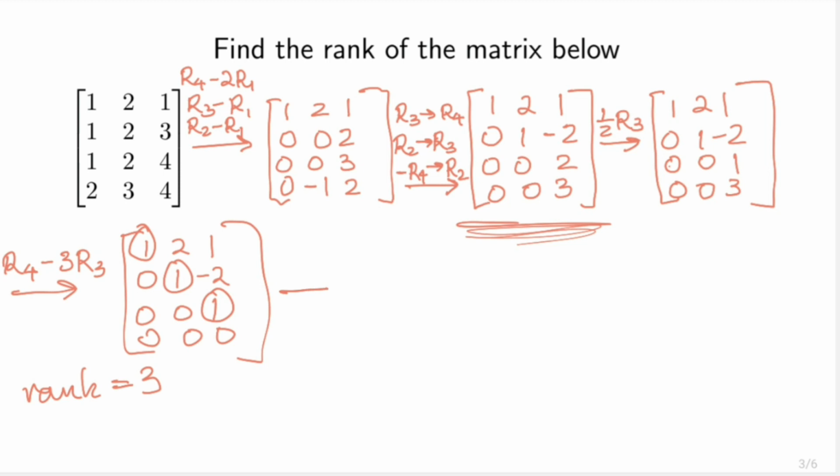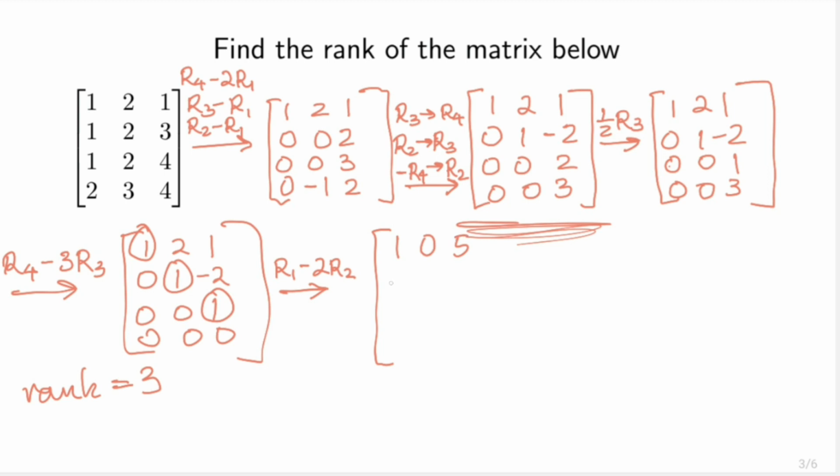So we subtract 2 times row 2 from row 1. So row 1 minus 2 row 2. Let's see what that gives us. We have 1, then we have 0, then we have 1 minus 4, so that's 5.